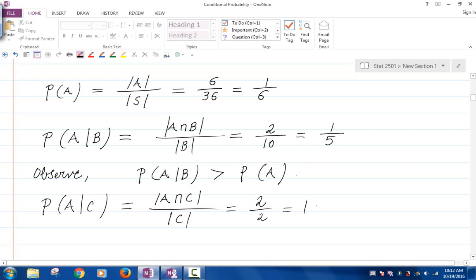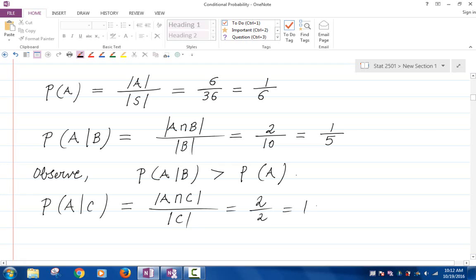So just to recap, when we say find the probability of A given B, we are asking to find the probability that A occurs given that B occurs. Well, B occurs means what? The outcome is in B, right?